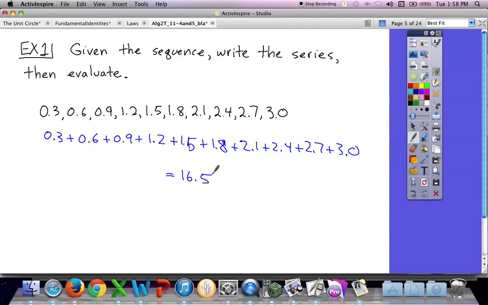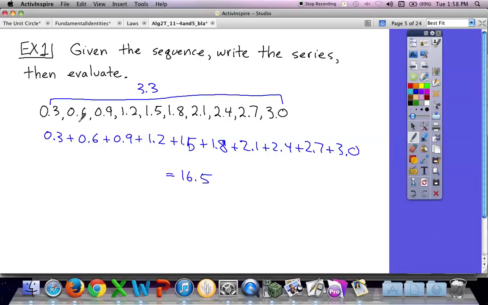But, and this is just supposition on the part of the author, he figured out that if you've got an arithmetic sequence, and you add the first term and the last term, you get 3.3 in this case. Well, what do you get if you add the second term and the second to the last term? 0.6 plus 2.7.